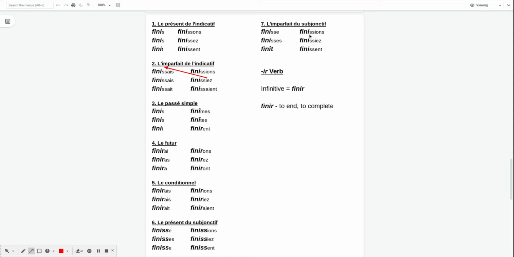We also have that over here on l'imparfait du subjonctif. We've got the I here corresponding to the I here. So there are some tricks to put this into your memory and be able to basically recreate this table from memory when you want to.